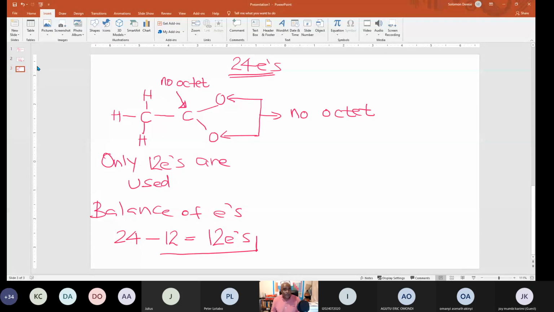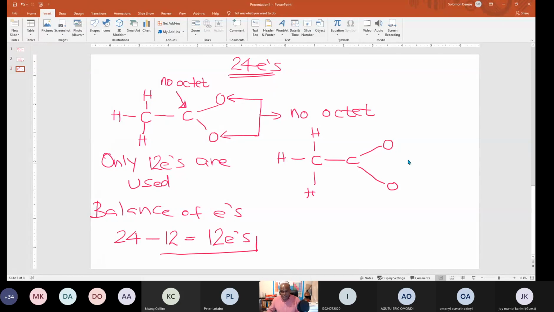Okay, now you'll use the remaining electrons as lone pairs of electrons to fulfill the octet of the elements that do not have an octet of electrons. So now what we have is a carbon that is bonded to 3 hydrogens like this, and bonded to another carbon, and then this carbon is bonded to 2 oxygens.